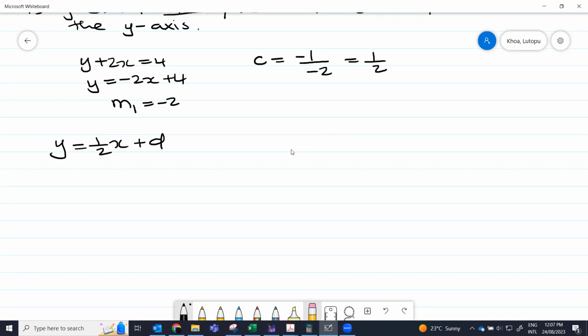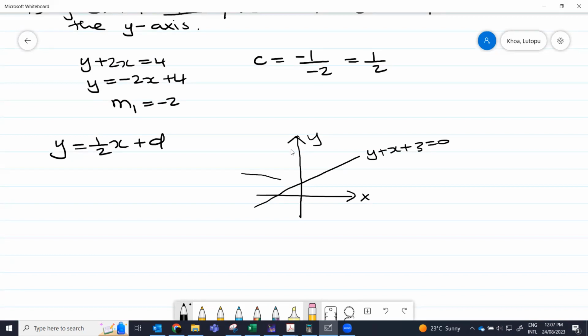Okay, so try and picture this. I have my x and y axis. So I have one line here, and then it says it cuts this line. Let's say this was our line x plus y plus 3 is 0. I'm not saying that's what it is, but let's say that's what it is. Then our other line goes something like that.